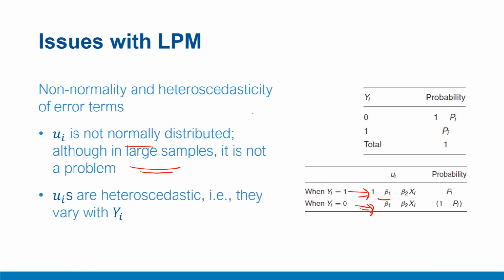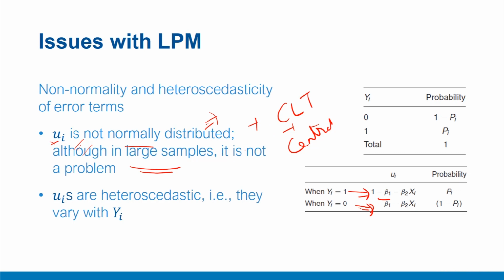I request you to look for a term called CLT, central limit theorem, which says that in large samples, the normality of the estimates is ensured, because if you have a sufficiently large sample, then in repeated samples your sample estimates of beta 1 and beta 2 will be normally distributed, even though your error may not be normally distributed.